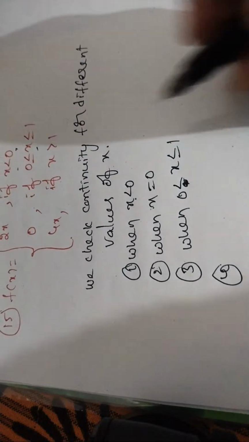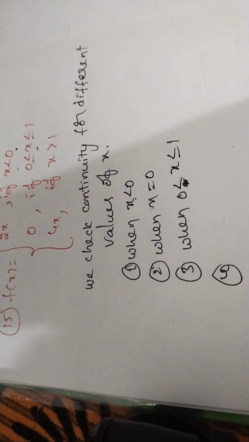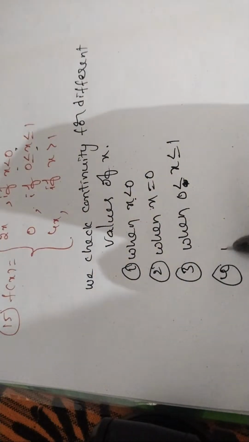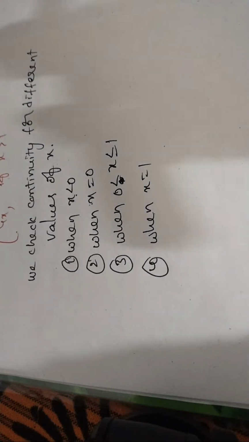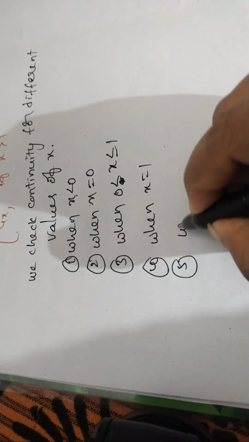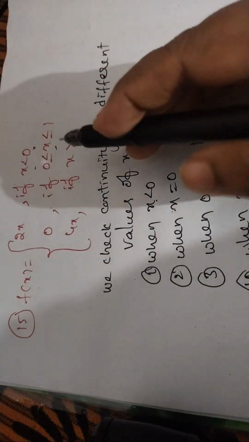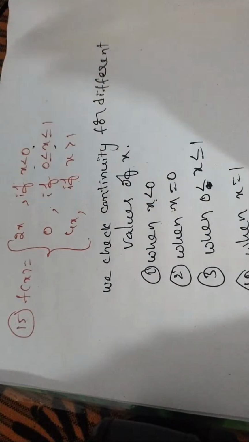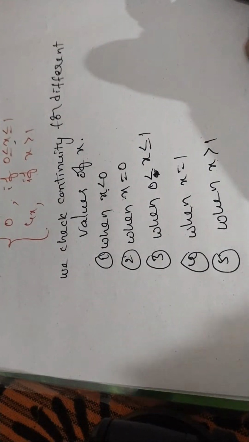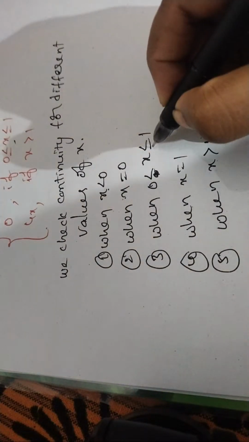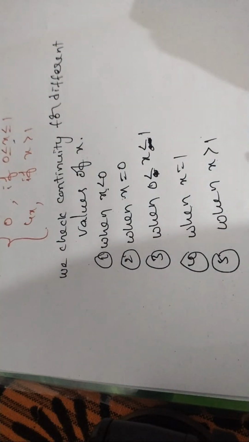Next, last case, x greater than 1. So here we have 1 also again. So when x is equal to 1, one case. Another one is when x greater than 1. So the x is equal to 1 case and the x greater than 1 case are completed.